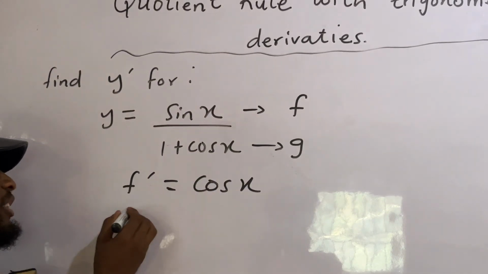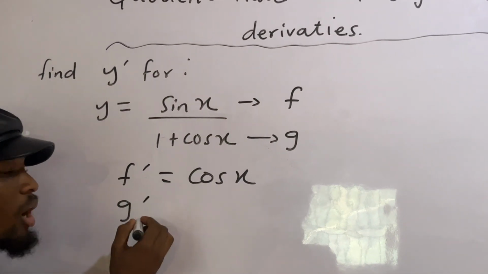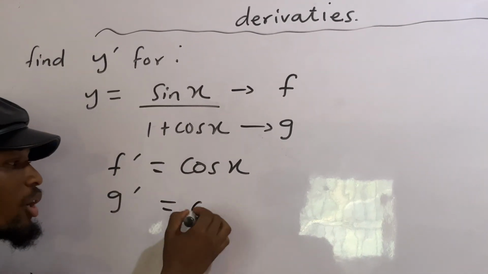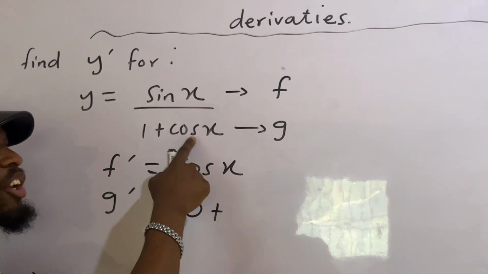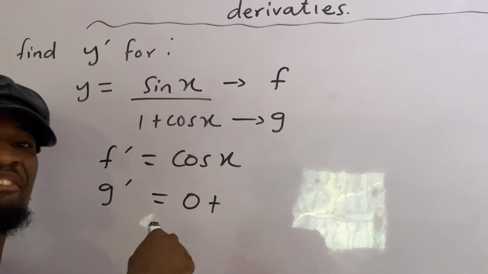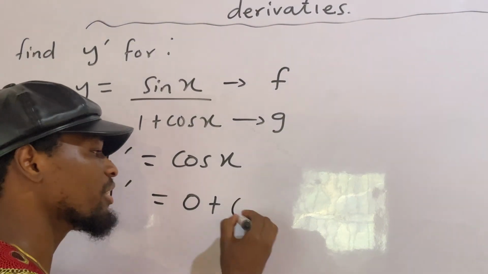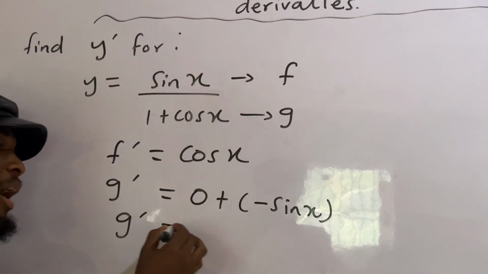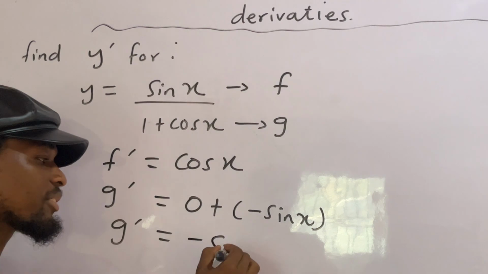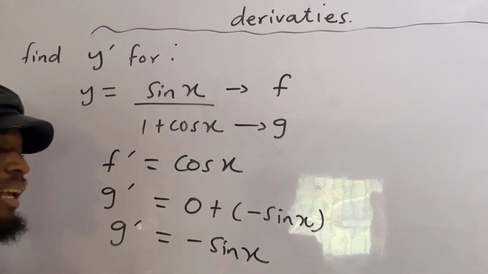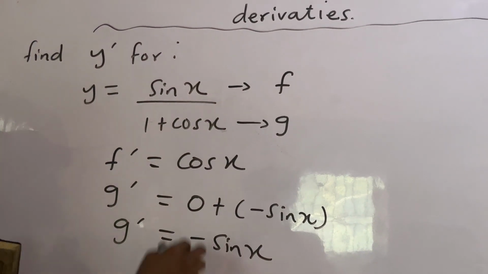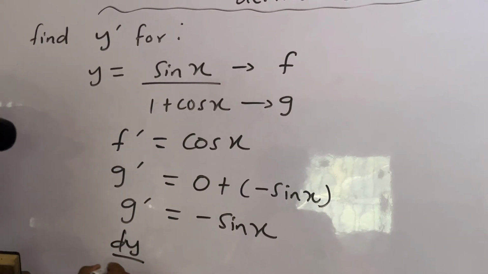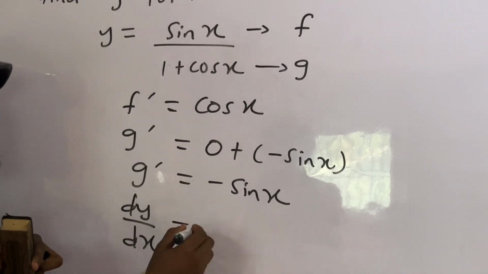If I differentiate g, I'll get g prime, which is equal to, if I differentiate 1, I have 0, then plus, if I differentiate cos x, I have negative sine x. So g prime is negative sine x. As simple as that.